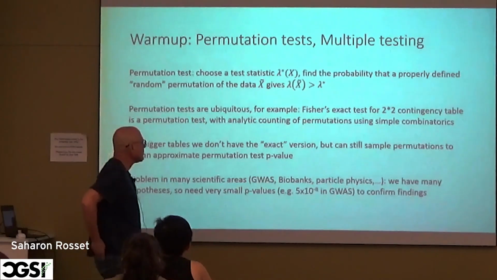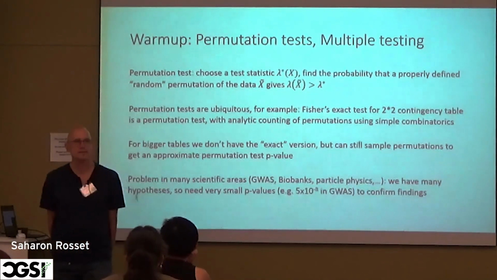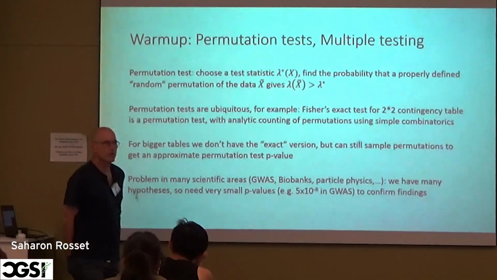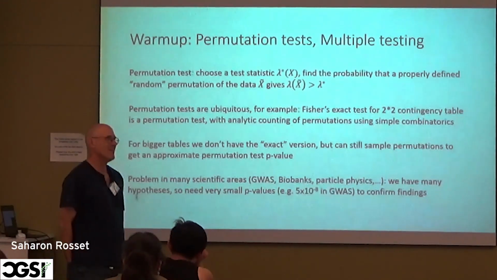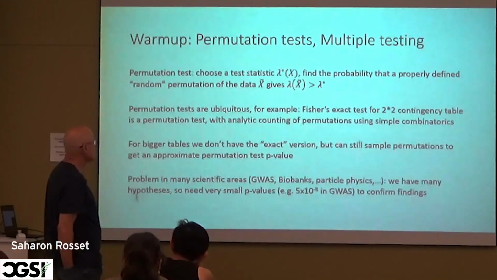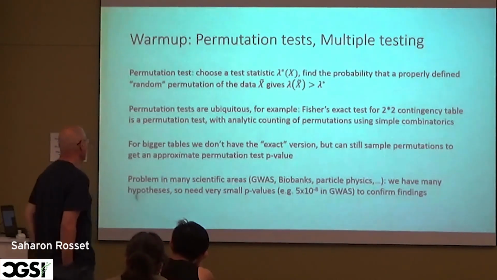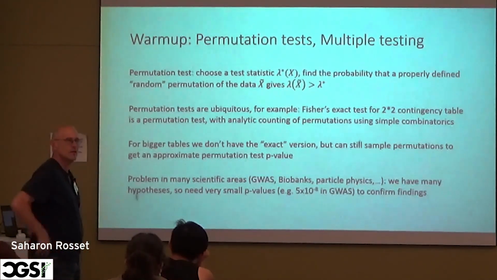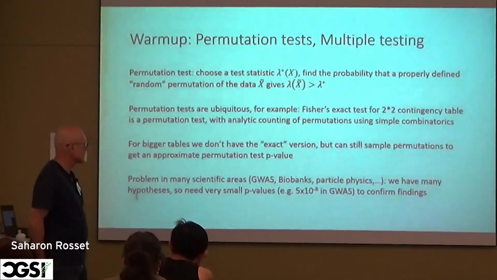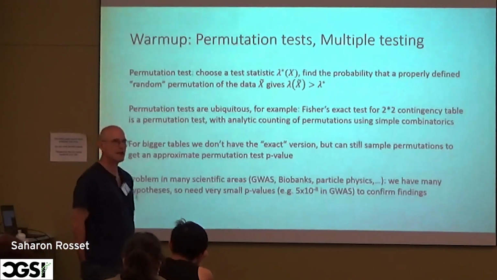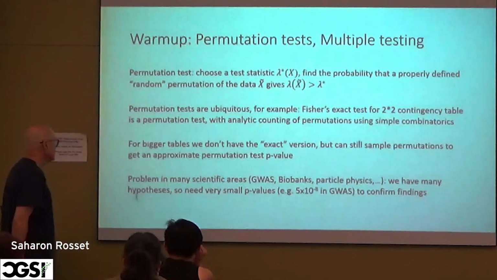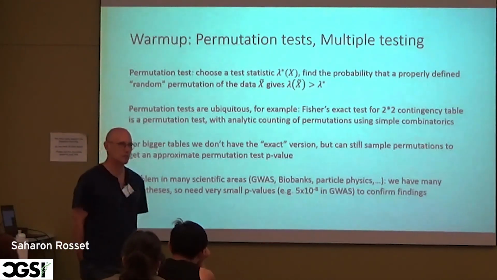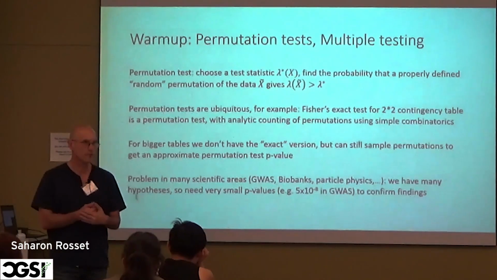One thing we have to worry about is how small are the p-values we can estimate with the permutation test. If we can do the calculation analytically like for 2x2, we don't have to worry because we get an exact p-value. But if we have to sample, then we have to worry about the fact that in many scientific areas, and probably the best known example here is GWAS, but also in particle physics and other areas, it's become well understood that we need really small p-values to confirm findings, essentially because of multiplicity.